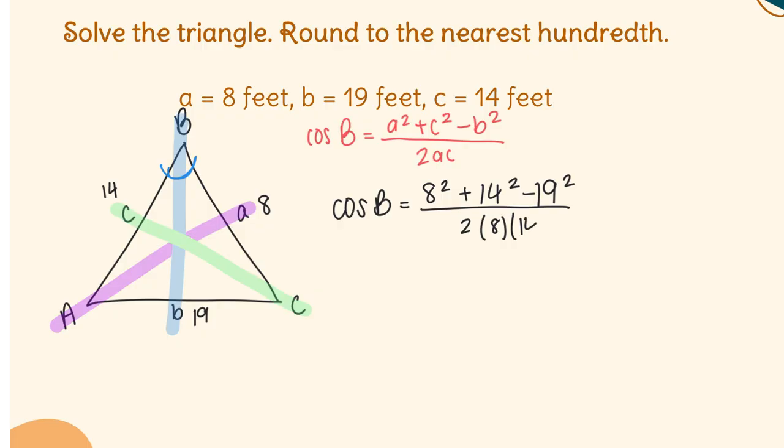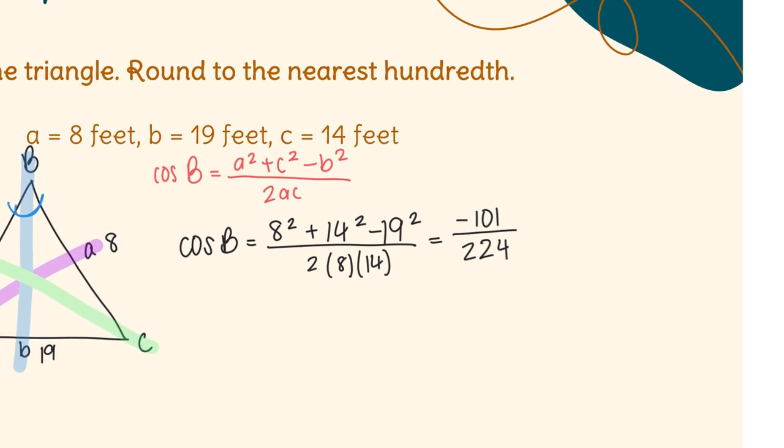Do it in steps. Try not to plug everything in at once. All right, if you plugged in the top correctly, you should have had negative 101 over 224. Okay. All right, I'm just going to go ahead and rewrite this so it looks better. I have cosine B equals negative 101 over 224.